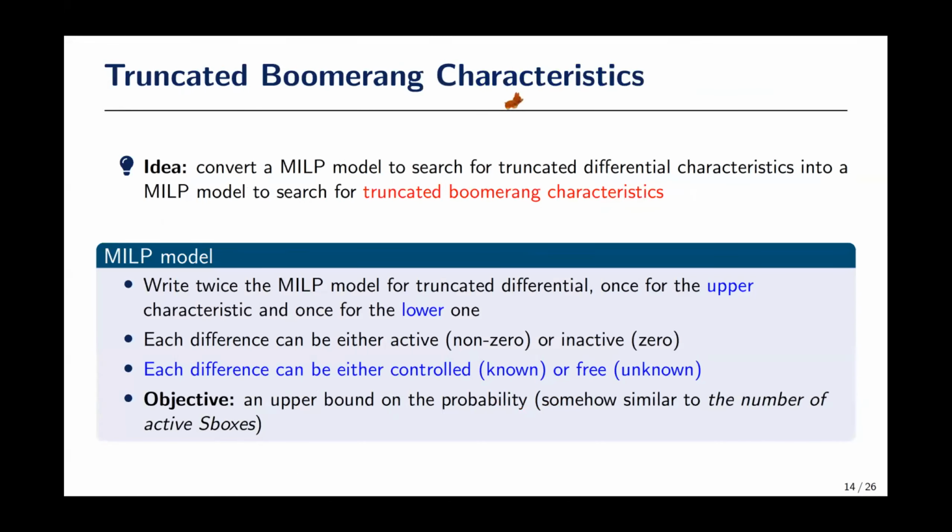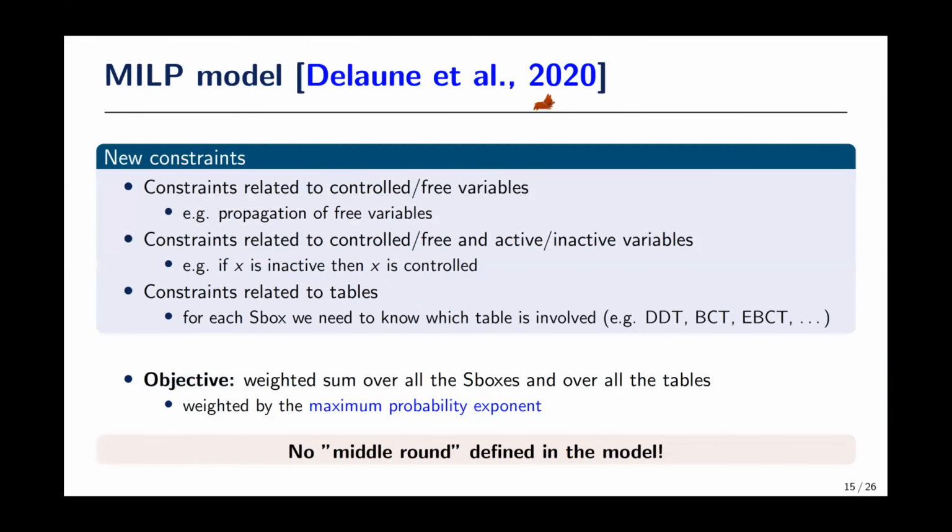And that's all. So we designed a new MILP model to search for the truncated boomerang characteristics. Actually, it's similar to searching for the truncated differential characteristic. Just copy one for the upper and one for the lower, adding some new variables, and add some new constraints to control the value 3, and there are some specific constraints for the related tables to know which table is used in the computation of the probability.